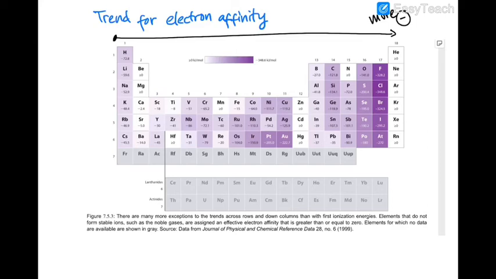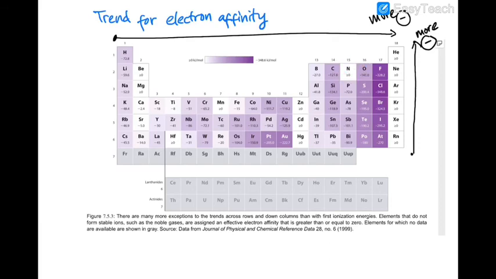And as well as going from the bottom up, it also becomes more negative. Mostly it's like that. However, there are several exceptions, for instance, beryllium right here and nitrogen right here.